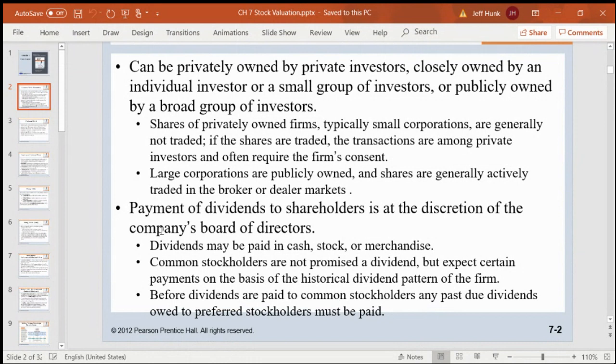Even after time one, the demand will be even higher, because now they've seen for a fact that the company's EAT, or return on equity, is 10% of the equity. Return on equity is 10%.